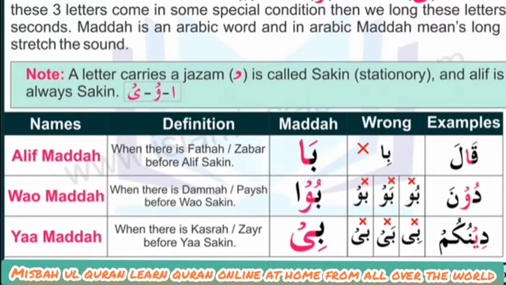So if alif has a movement, then alif has a sound. But right now qaf has a movement here, so that's why we long qaf, but due to alif, remember that. So we say qaf alif fatha, qaa. The 2 seconds we stretch.